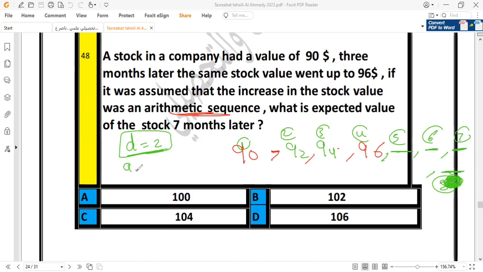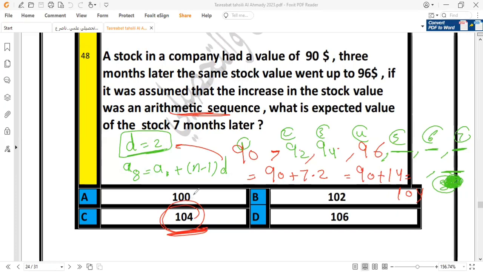Term number 8 equals a1 plus n minus 1 times d. The value of a1 is 90, plus n is 8, minus 1 is 7, times 2, the difference d. 7 times 2 is 14, plus 90 equals 104. So it's going to be 104 with an arithmetic sequence. So an equals a1 plus n minus 1 times d.